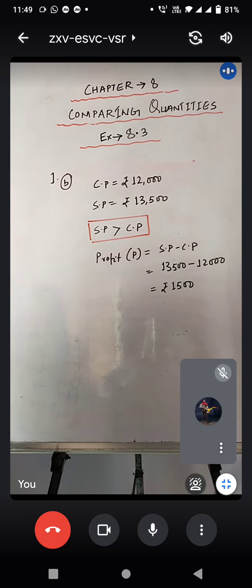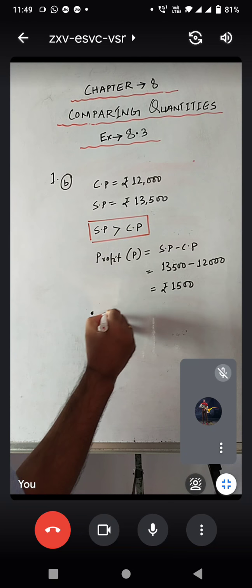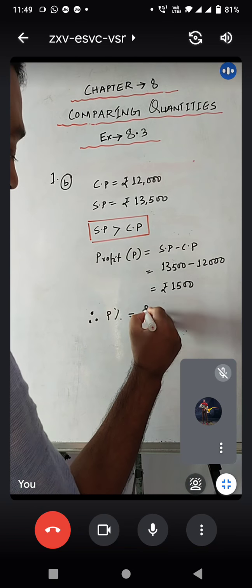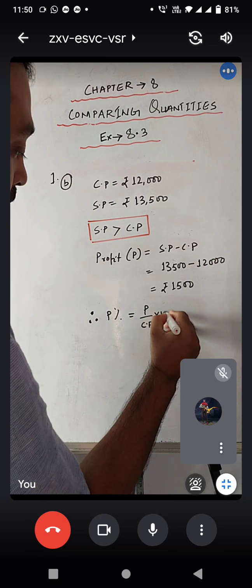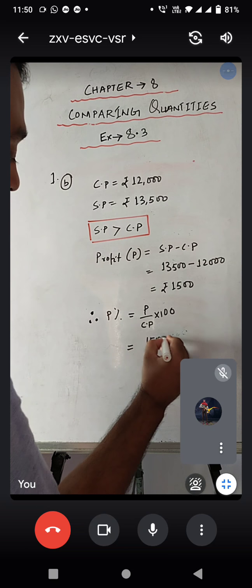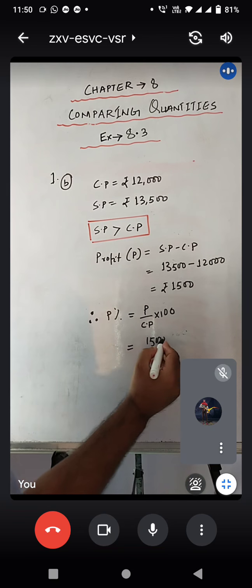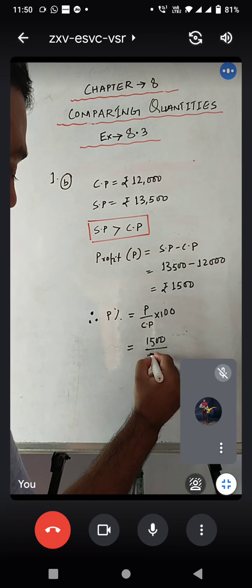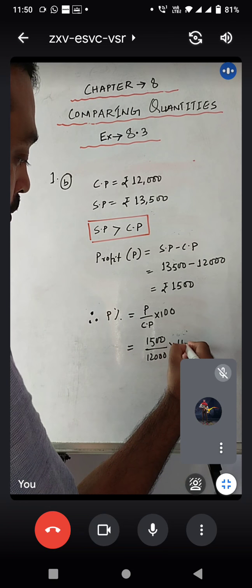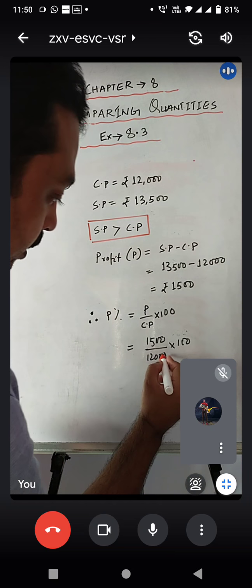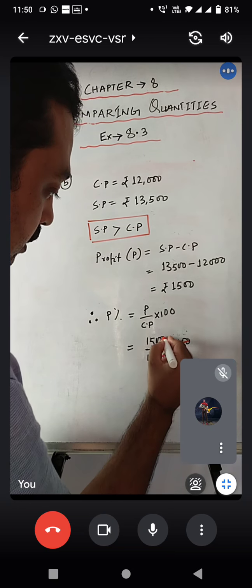Now we have to find out profit percent also. So profit percent, I'm just writing the short form, is profit by CP into 100. What is profit? It is 1,500. In place of CP we'll write the value of CP, that is 12,000, into 100. Now we'll reduce the values. We'll reduce these two zeros, and this 1 zero.